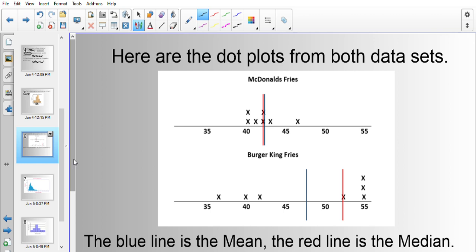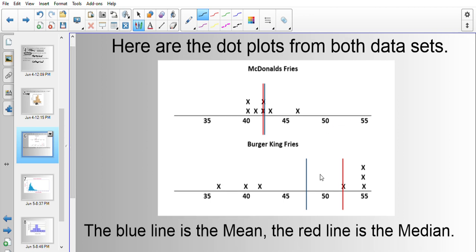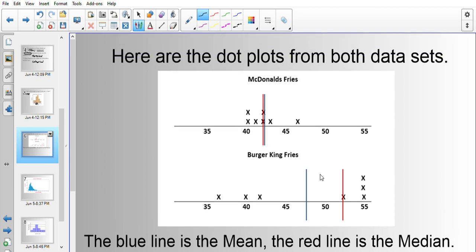So here are some of the same dot plots that we looked at from yesterday. I just want you to remember that if our data is symmetrical, or more or less even on both sides, the mean and the median are going to be very close together.